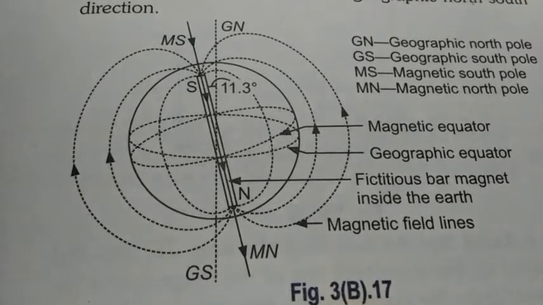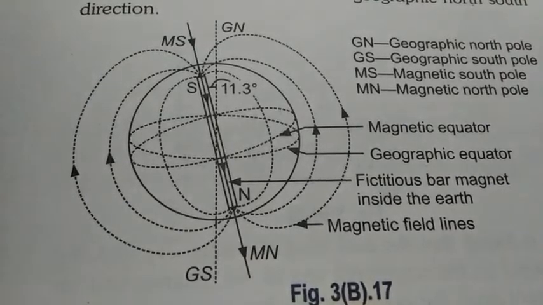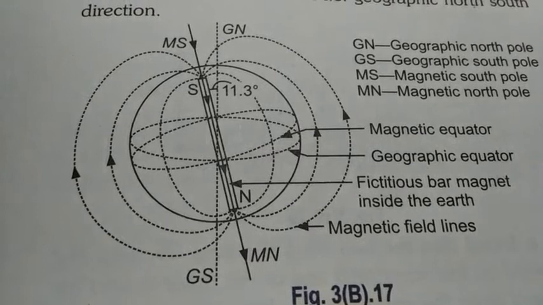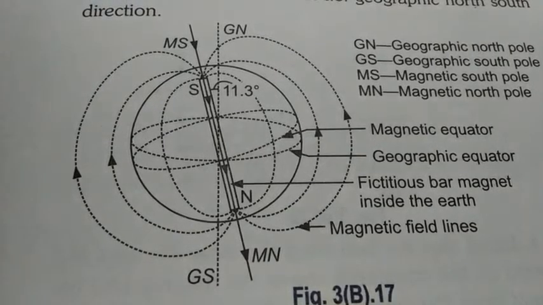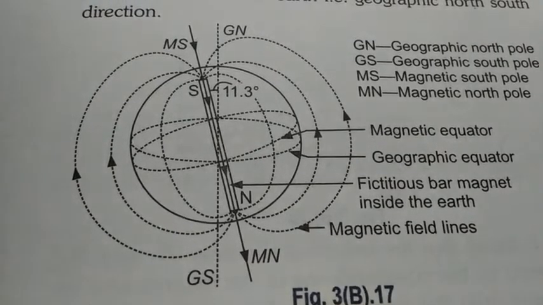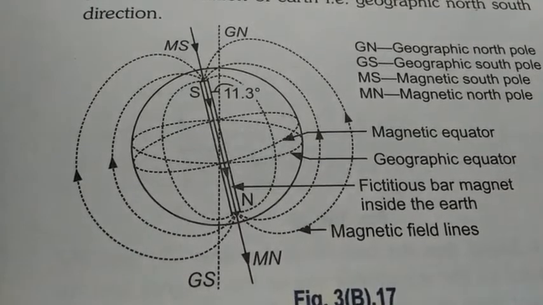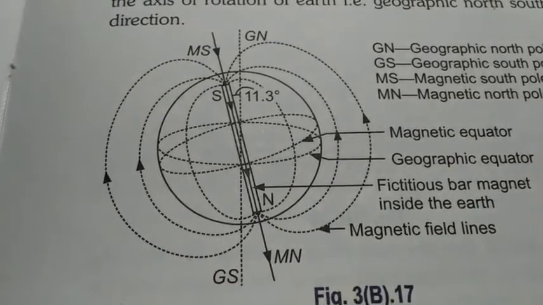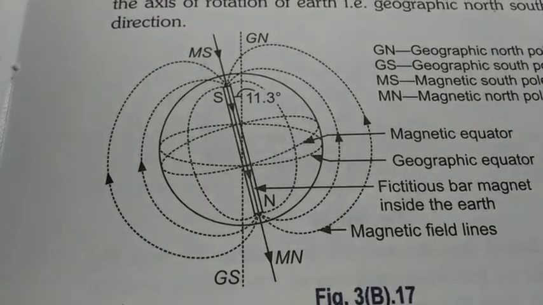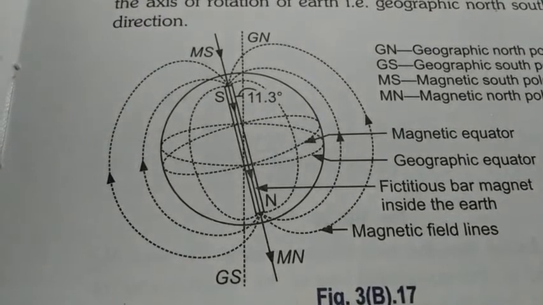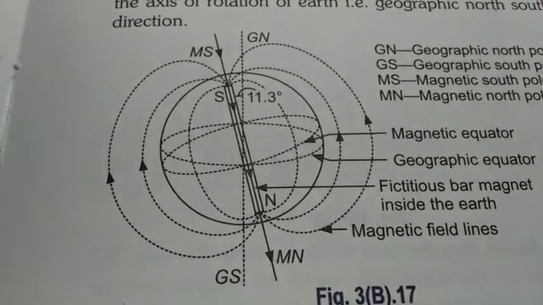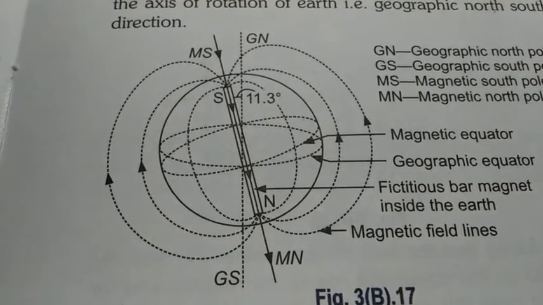On Earth, at different places, the magnetic field is different, and sometimes it is found that at the same place also, at different times, different strengths of magnetic field have been observed.